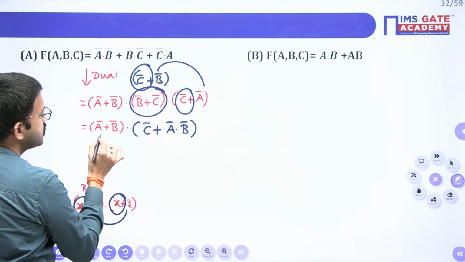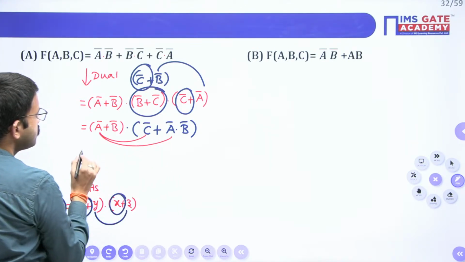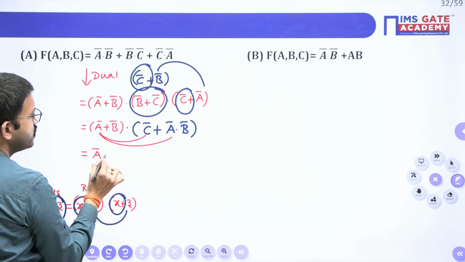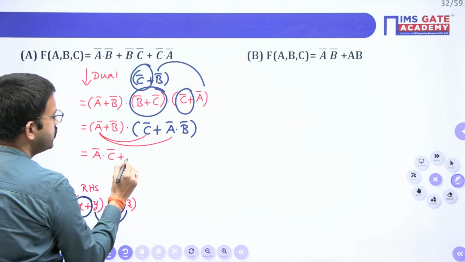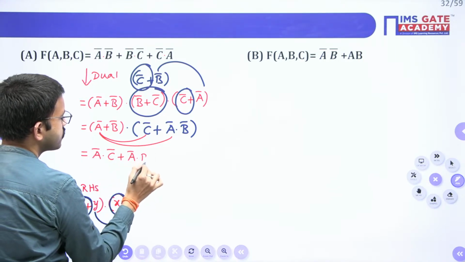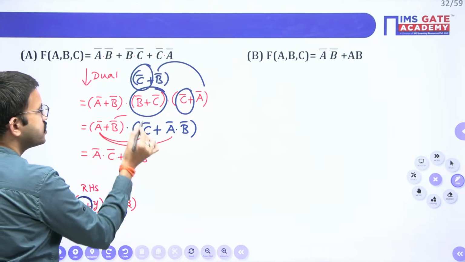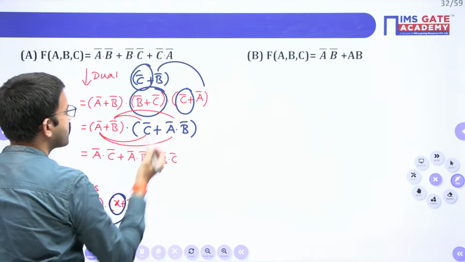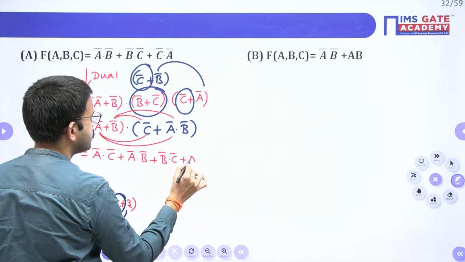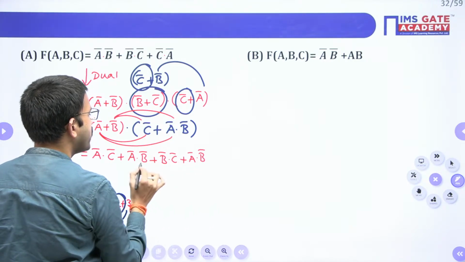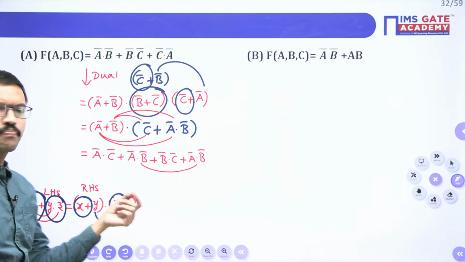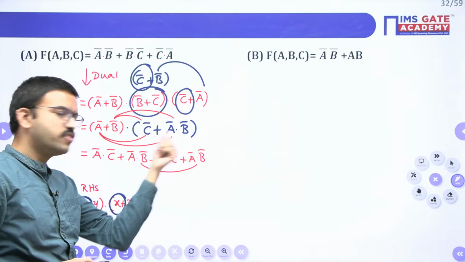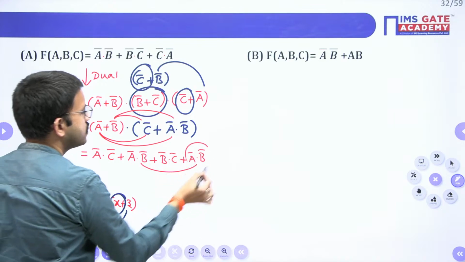Now after this, just multiply a bar with these two: a bar into c bar, that is a bar c bar, plus a bar into b bar, then b bar into c bar, plus a bar into b bar. So x plus x is nothing but x only, right? A bar b bar plus a bar b bar, you will get a bar b bar only. So you can consider it one time.